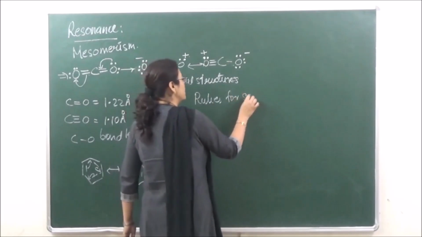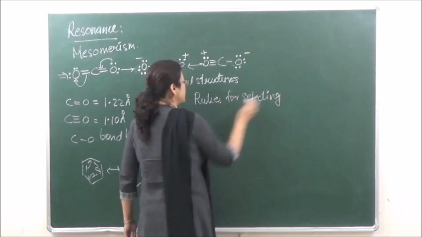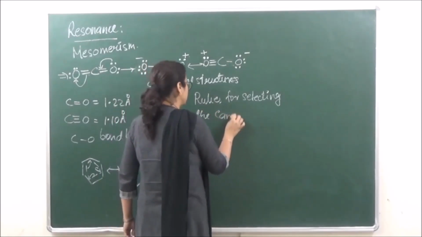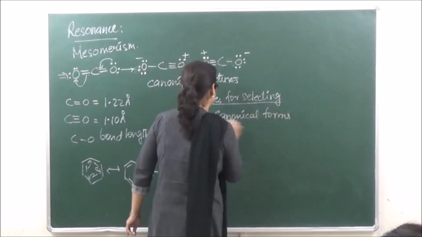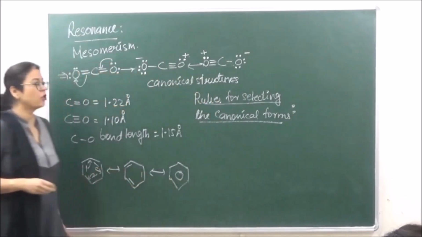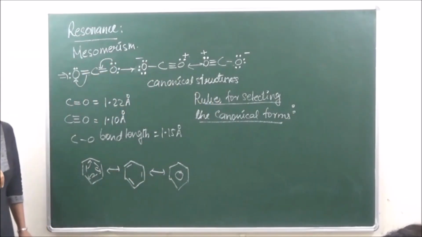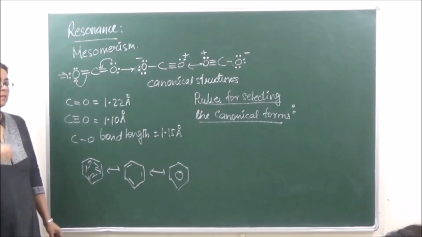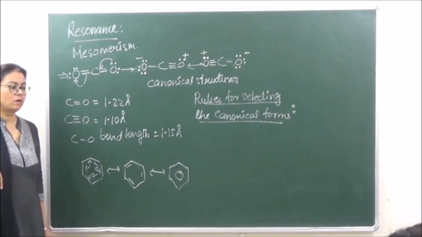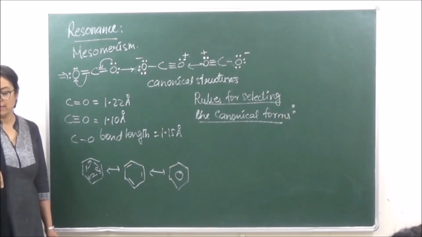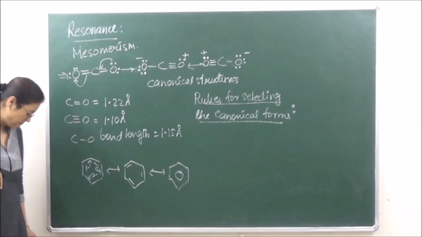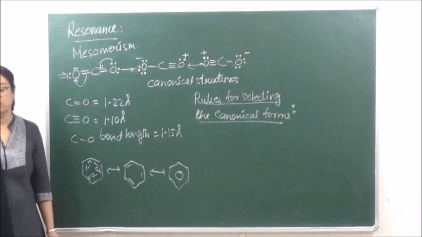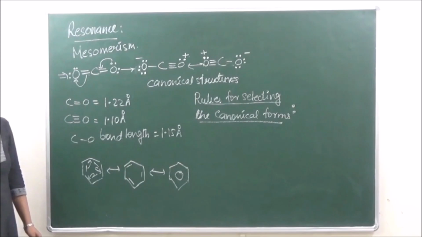Rules for selecting the canonical forms. इसमें लिखो number 1, the relative position of all atoms in each of the canonical forms must be the same, right?